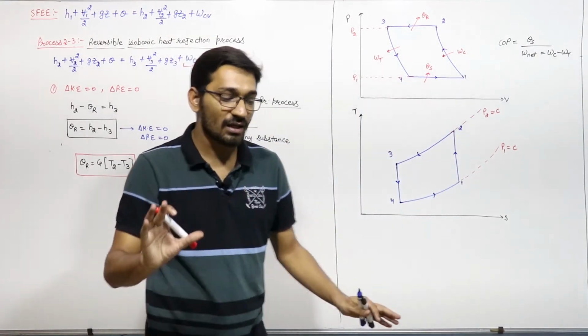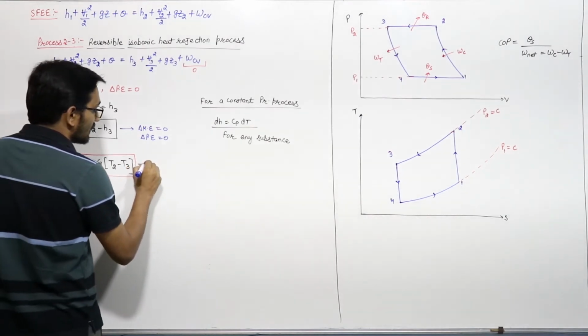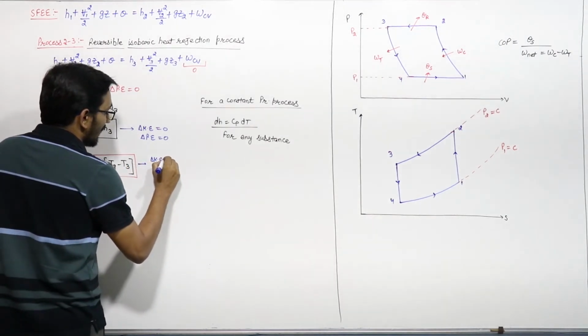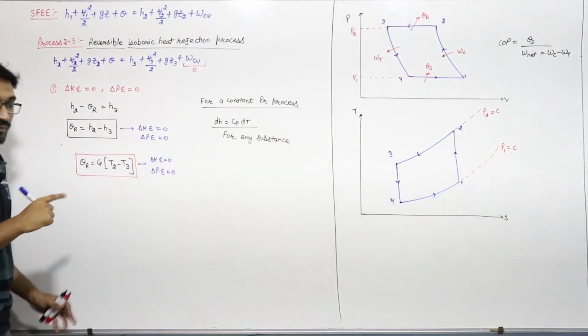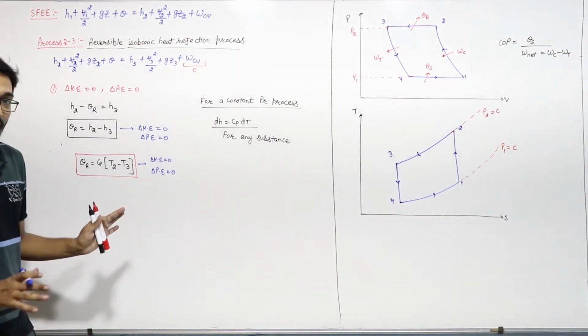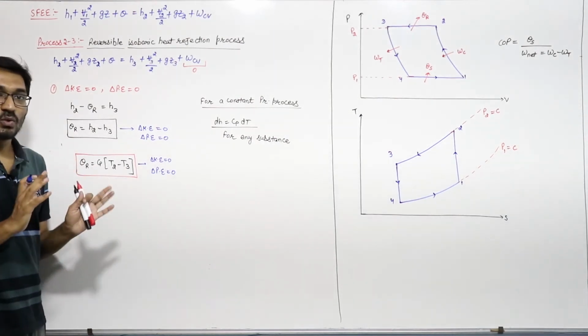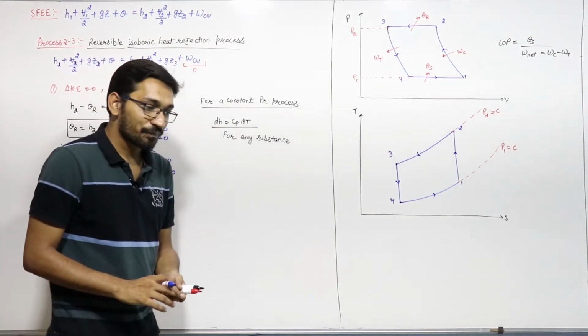It may be anything. The only assumption for writing this equation is changes in kinetic energy 0, changes in potential energy 0. This you have to remember, right? This is a very important thing, when we can write QR is equal to Cp into T2 minus T3.